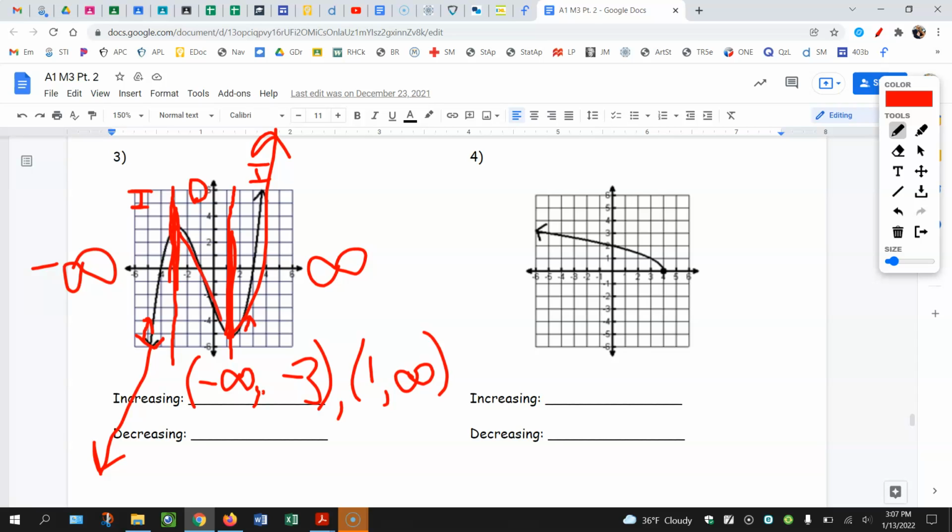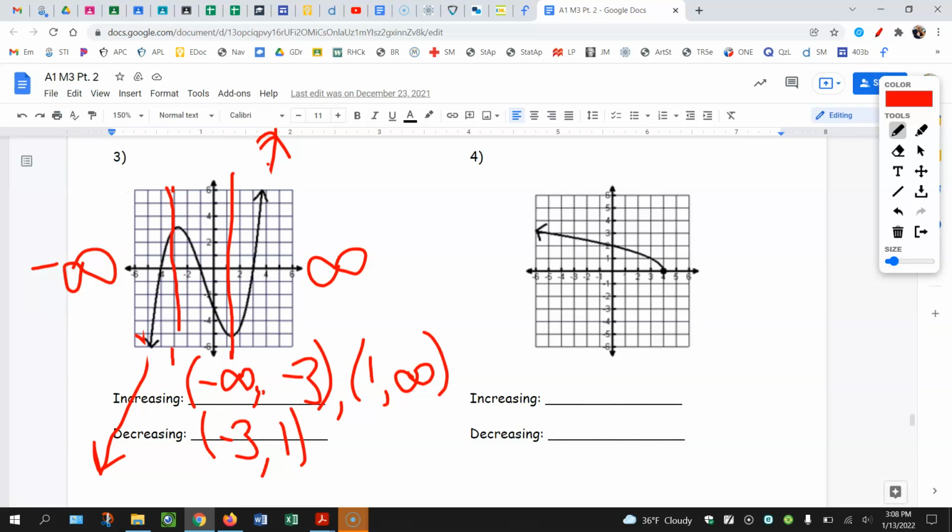The decreasing happens in this middle section, from an x value of -3 to an x value of +1. And if you said 1.5 or whatever, okay, because the graph is a little off.